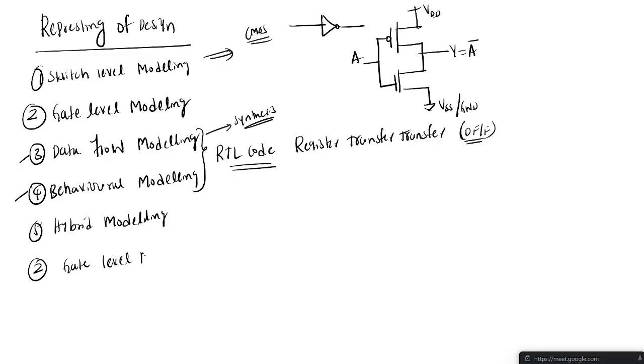Gate level modeling means you are using gate level primitives. Suppose you have an AND gate. Gate level primitives means and, or, XOR, XNOR, all those things.